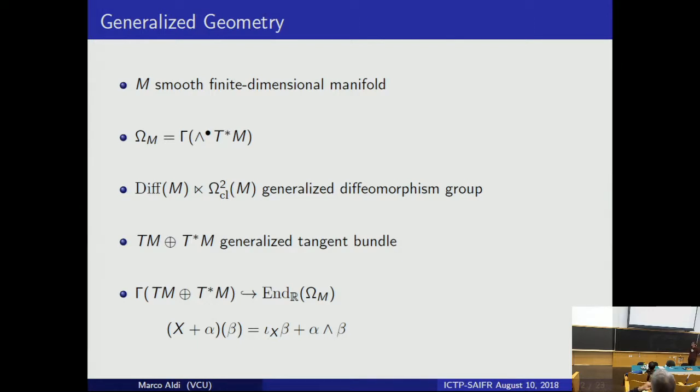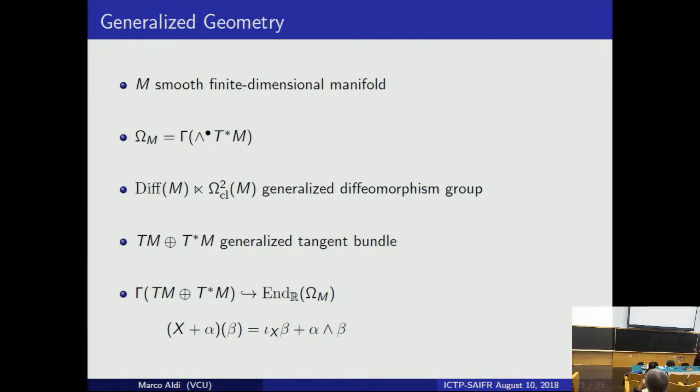Right? So the thing to remember is that we're not just looking at endomorphisms that are linear over the ring of smooth functions on M, but we really think of them as R-linear endomorphisms.